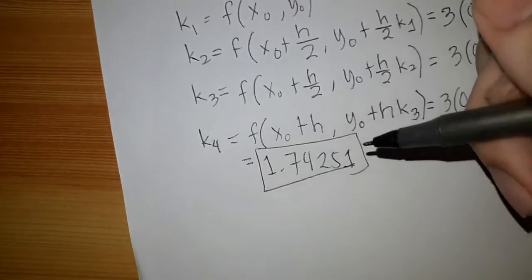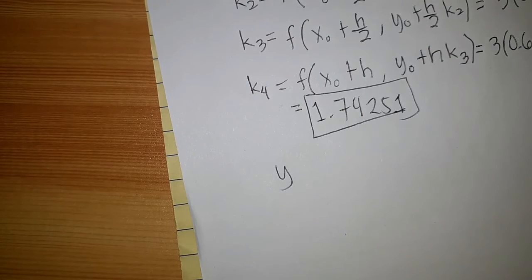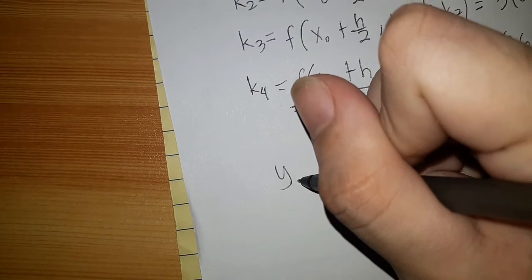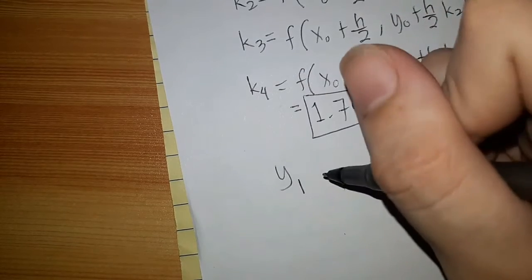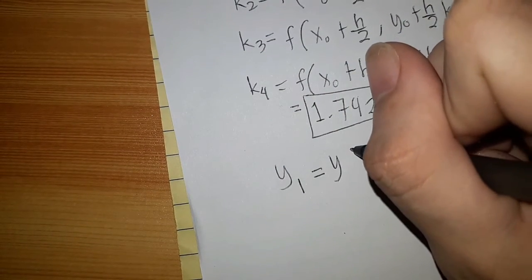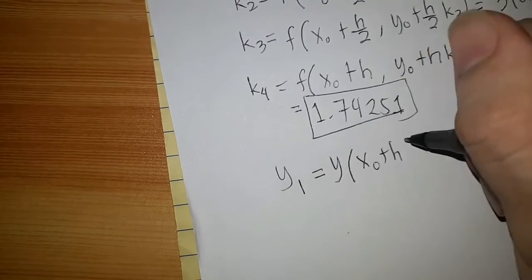So we are now able to determine the values of k1, k2, k3, and k4. Now let us solve for the value of y in this part of the problem. It should be y1, where it is equal to y at x sub 0 plus h.